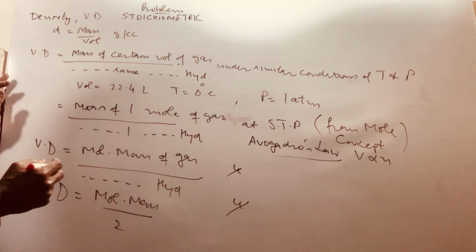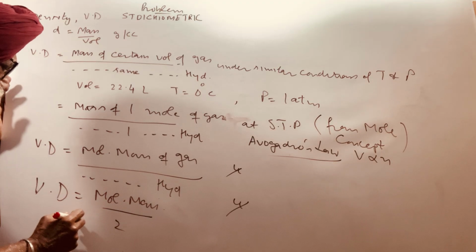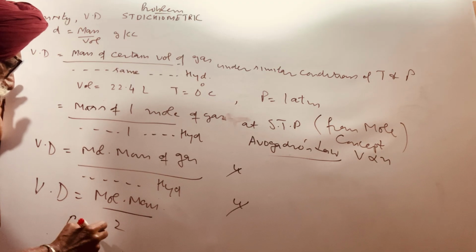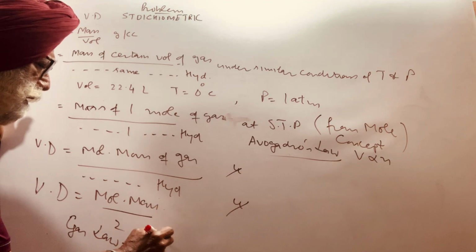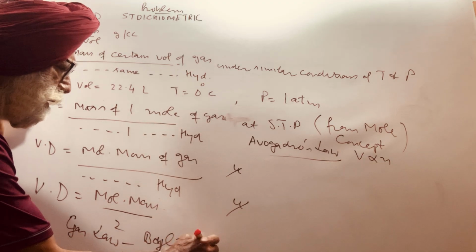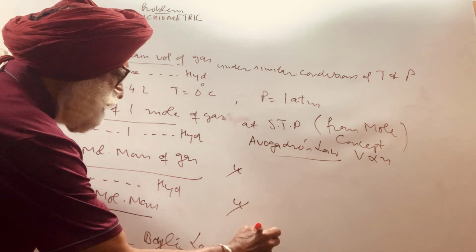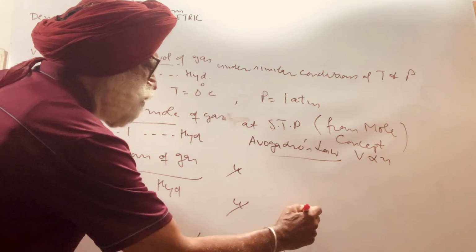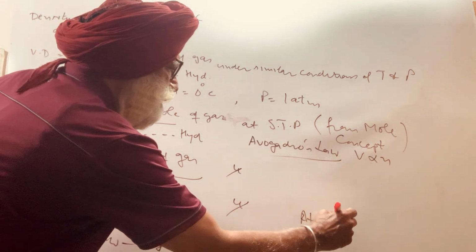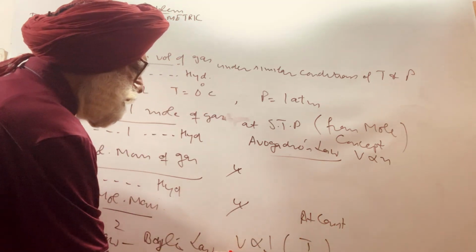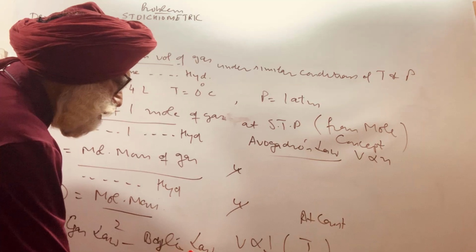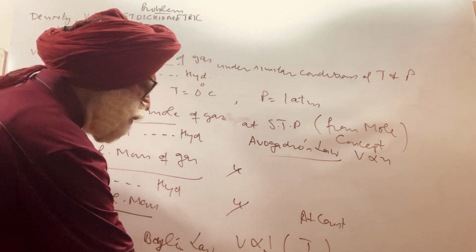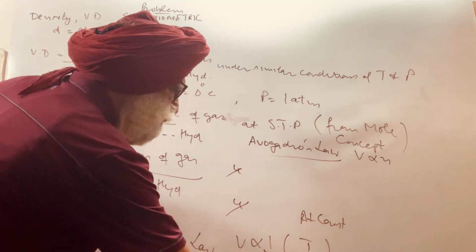Now we have the gas laws. Boyle's law: volume is inversely proportional to pressure at constant temperature. Then Charles law: volume is directly proportional to temperature at constant pressure.